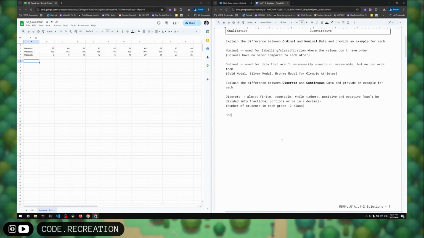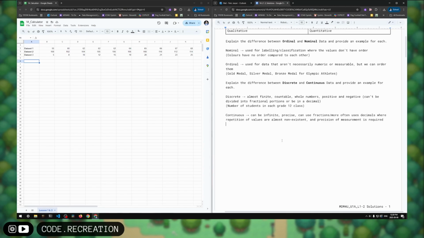whereas continuous data can be infinite. It's very precise. You can use fractions, but more often it uses decimals, where repetition of values is almost non-existent, and precision of measurement is required.